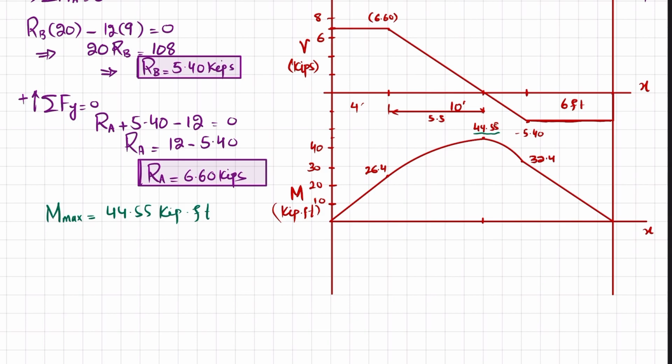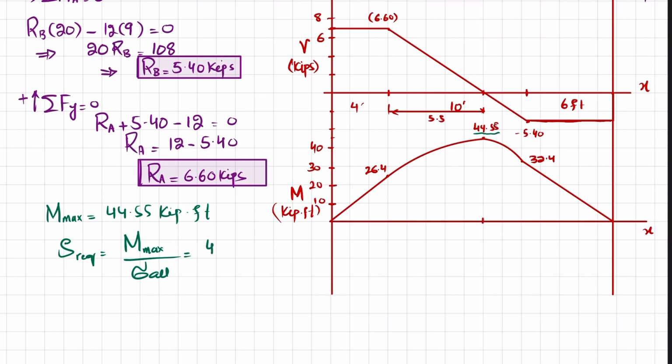Okay, now we know that the minimum required section modulus is equal to maximum bending moment divided by allowable bending stress.